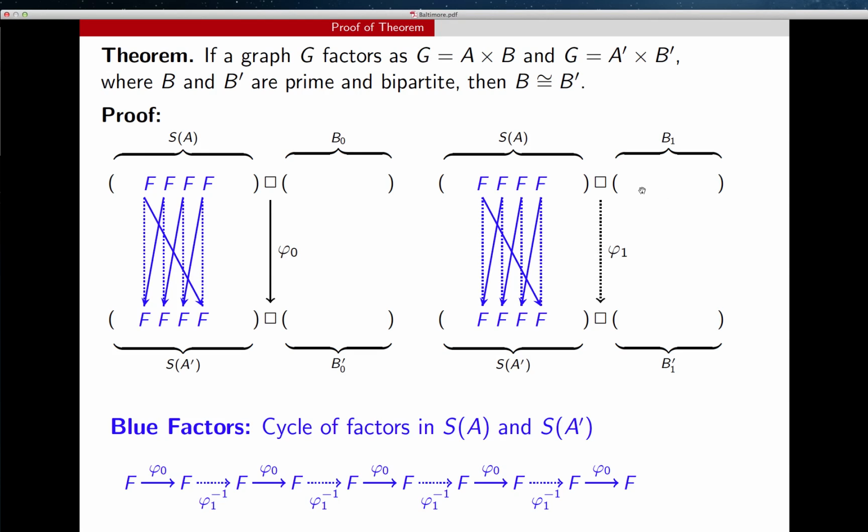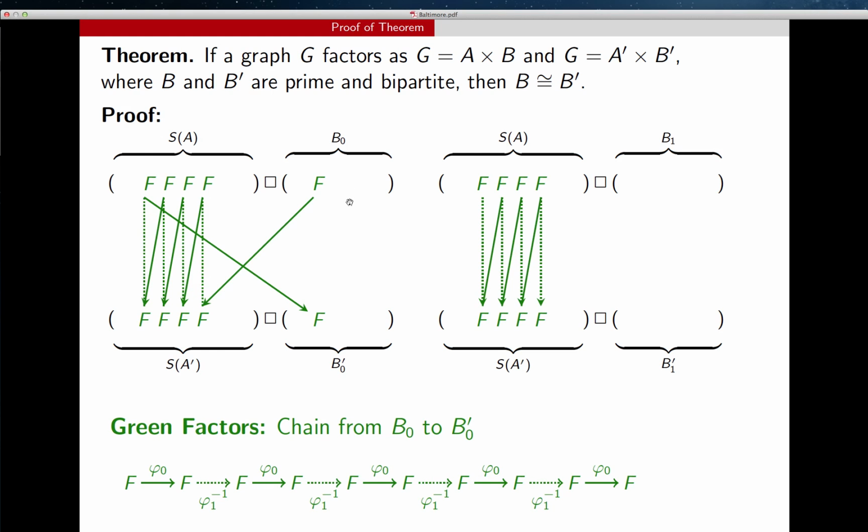And once you get into B1 or B0, then if you're in B0, phi 1 doesn't apply to that, and you terminate. So I want to now think about factors that don't have quite the cyclic pattern. They terminate either in B0 and B0 prime, or B1 and B1 prime. And I'm going to call those factors green factors. And I'll show you what they look like.